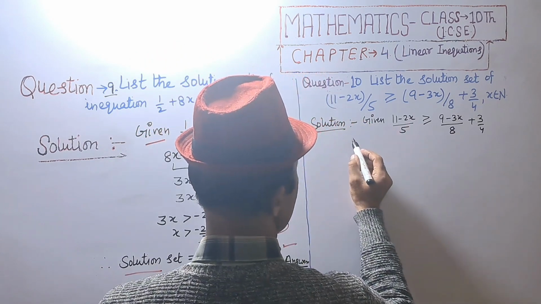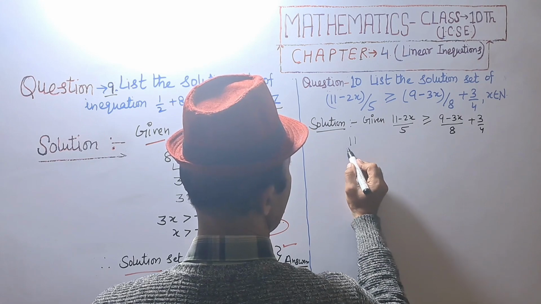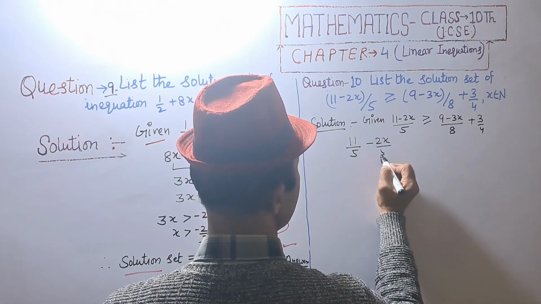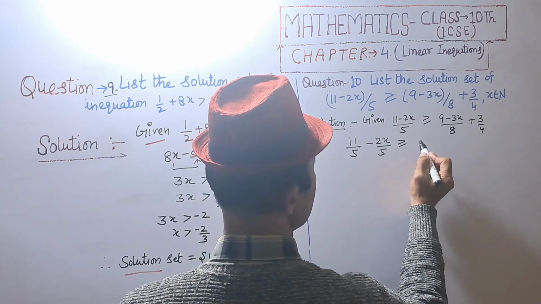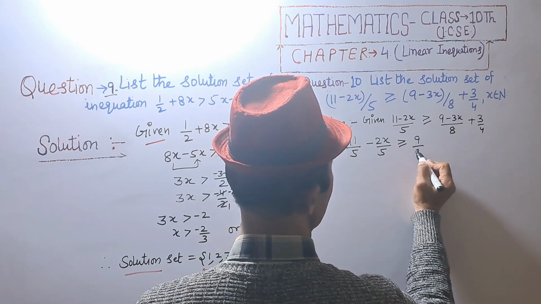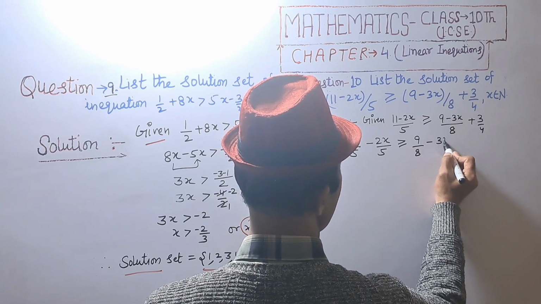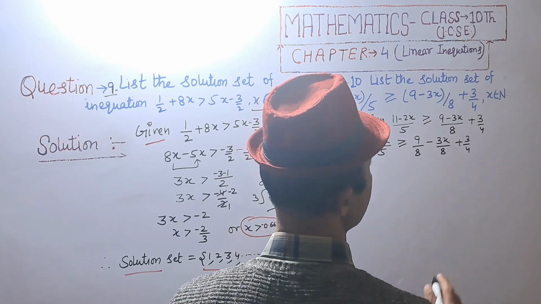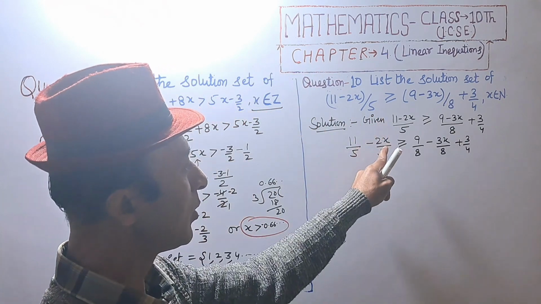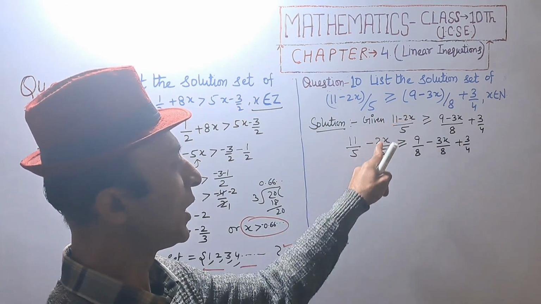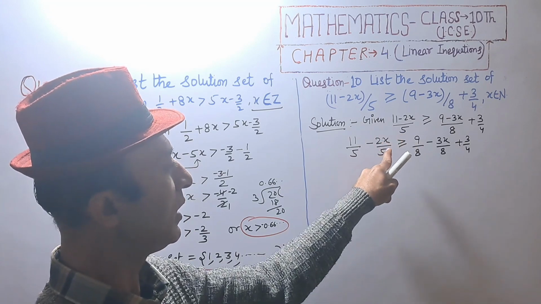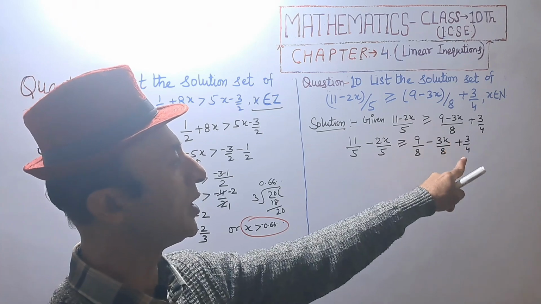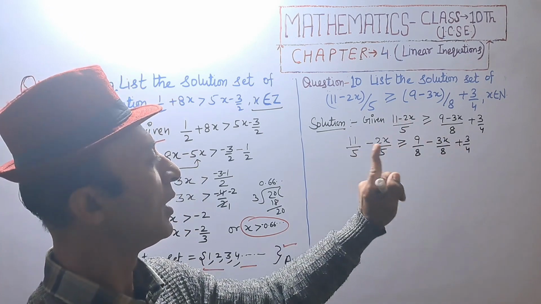This inequation can be written as 11/5 − 2x/5 is greater than or equal to 9/8 − 3x/8 + 3/4.